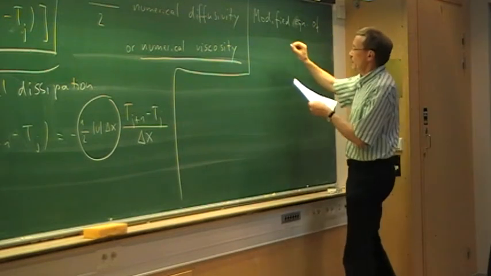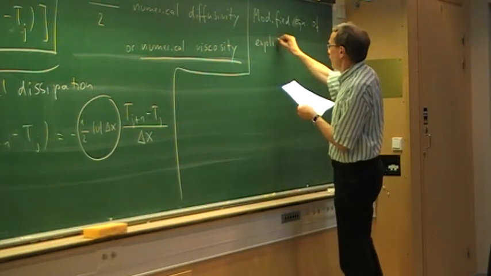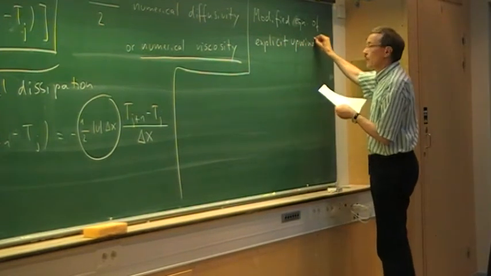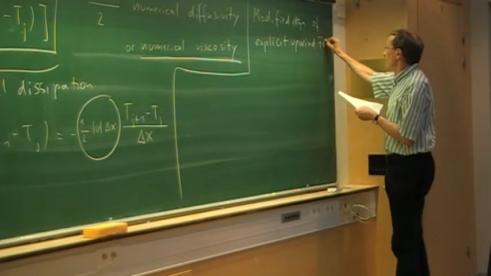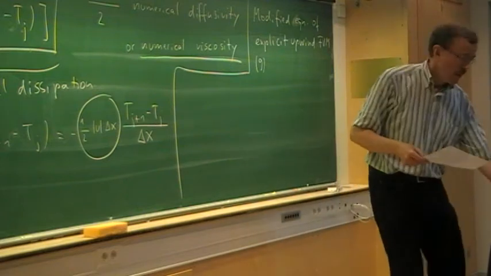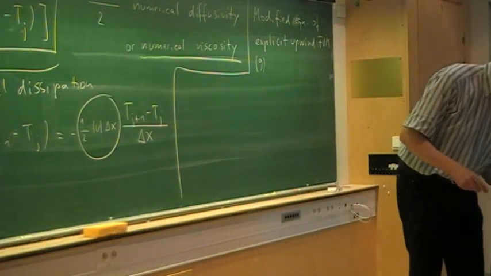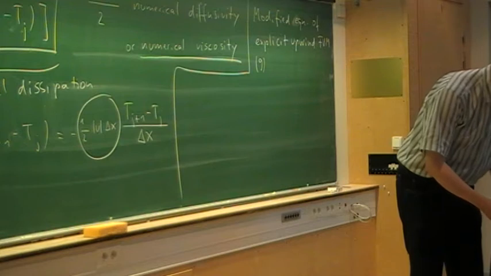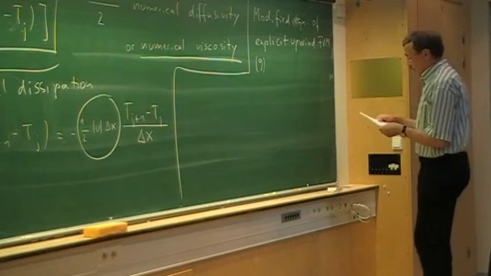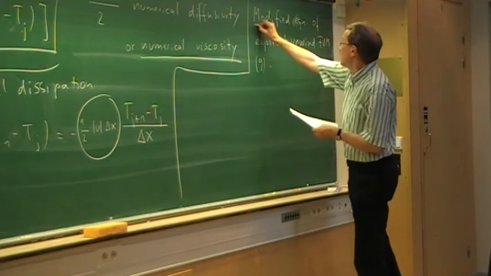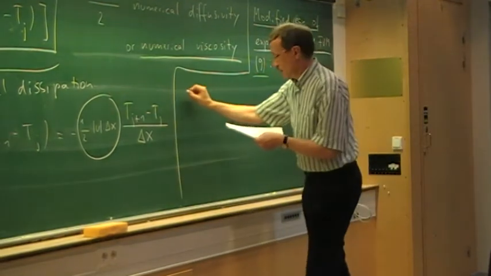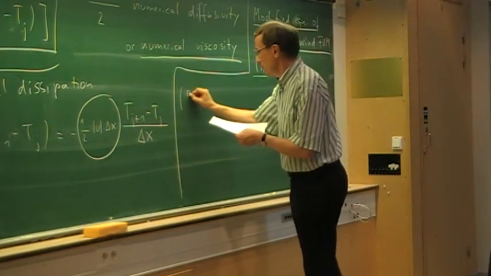Of the explicit upwind finite volume method. And here we take equation 9, that was for the situation where u was positive. And that is the following. We write it again in the form that we need.